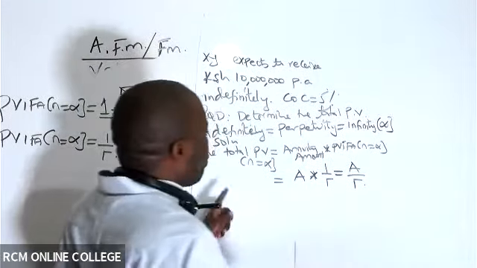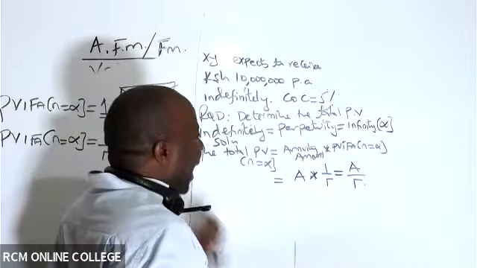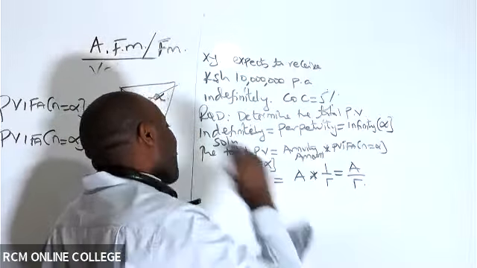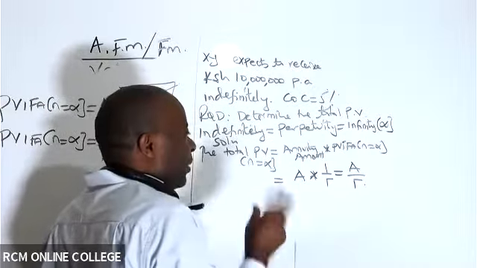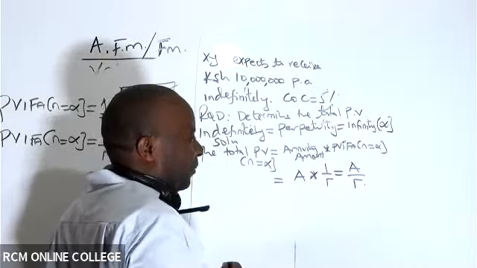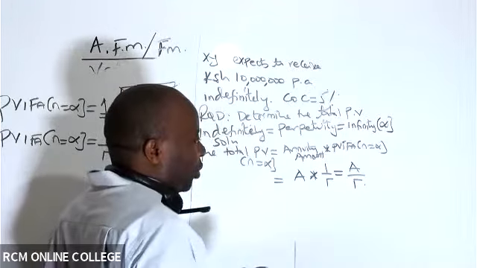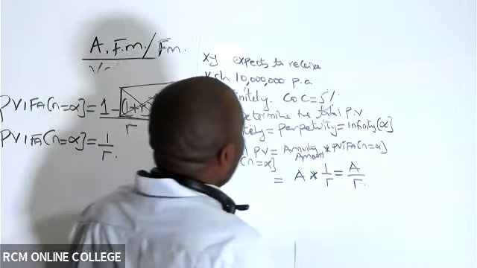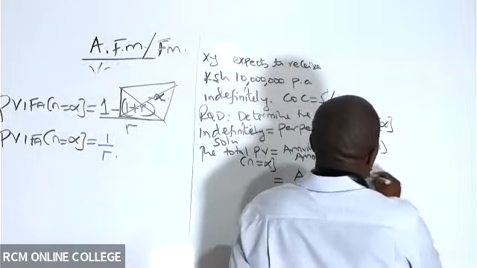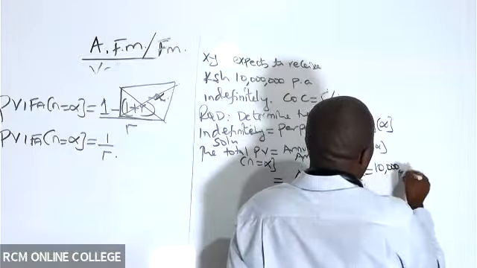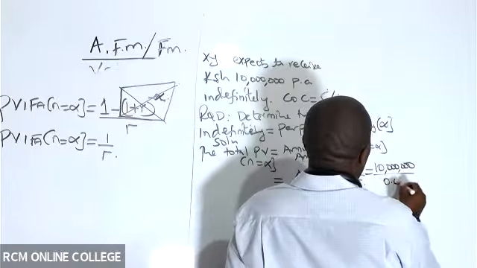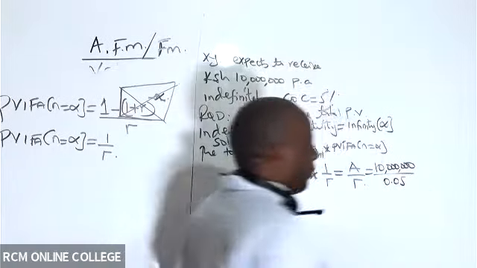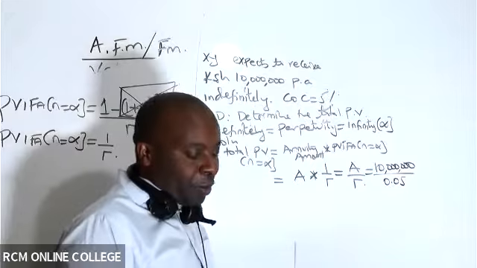Whenever I want the total present value when n is infinity, you take the amount in question and simply divide by r. So the amount in this case is 10 million, and you divide this by r. Our r, the cost of capital, is 0.05.